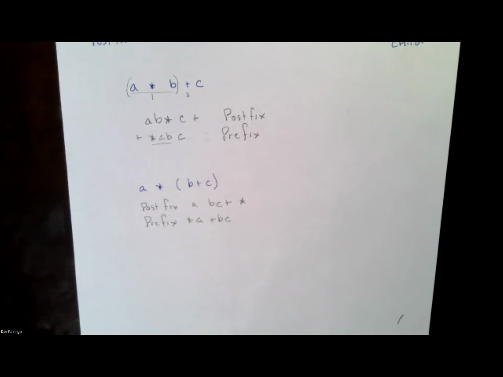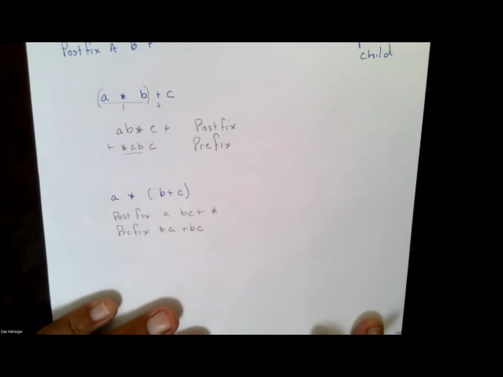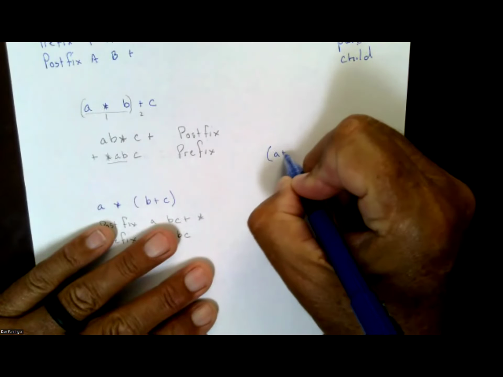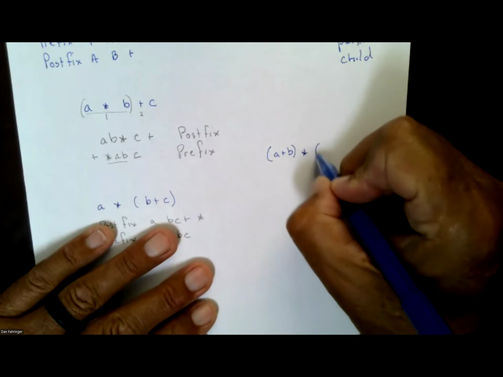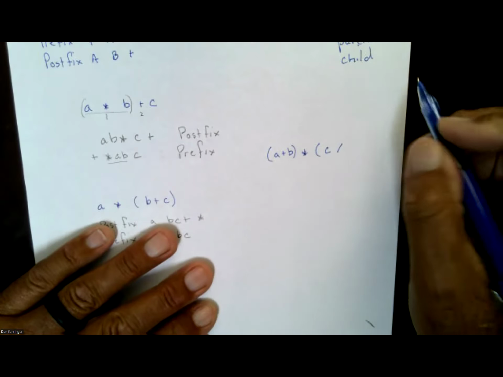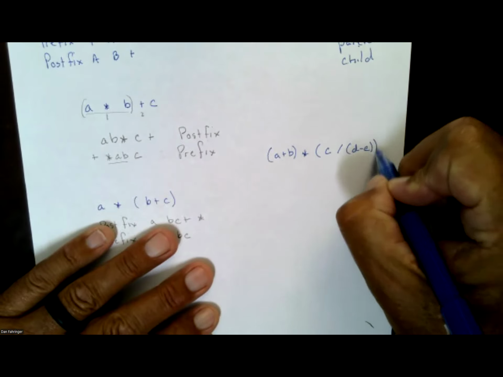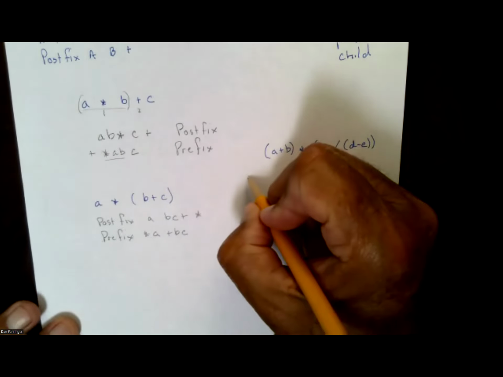How about one more, but I make it really hard, or harder? A plus B times C slash D minus E. Just do postfix.